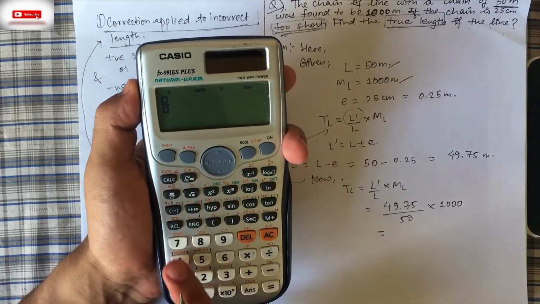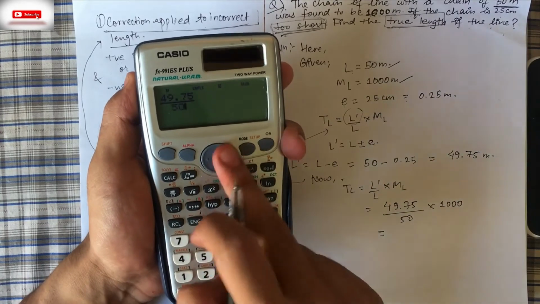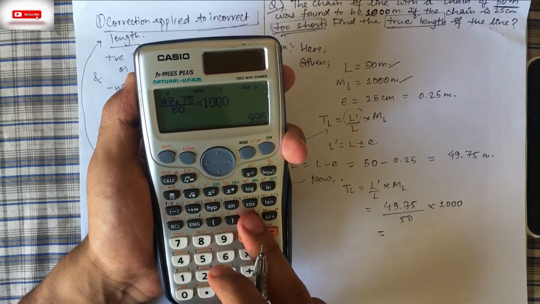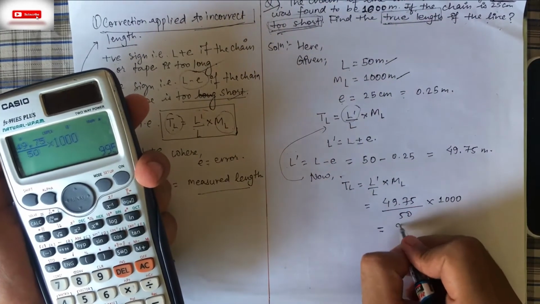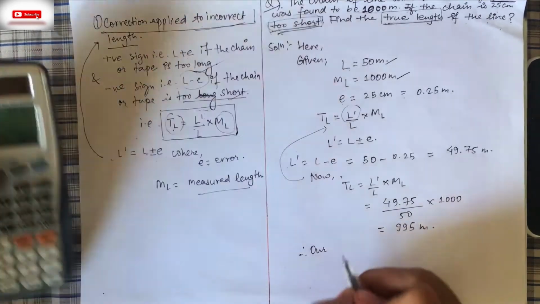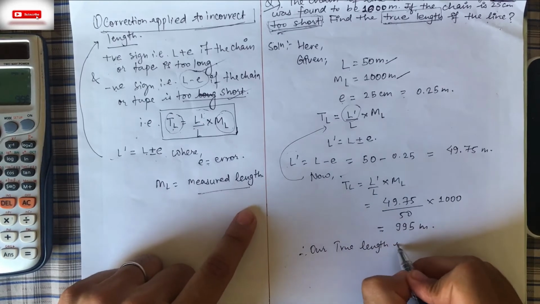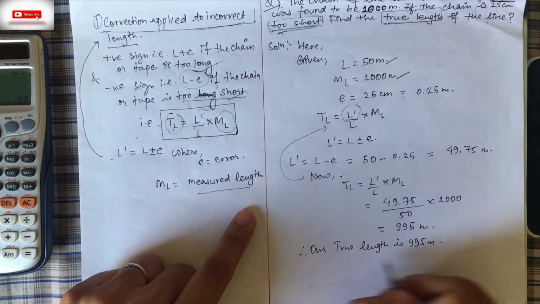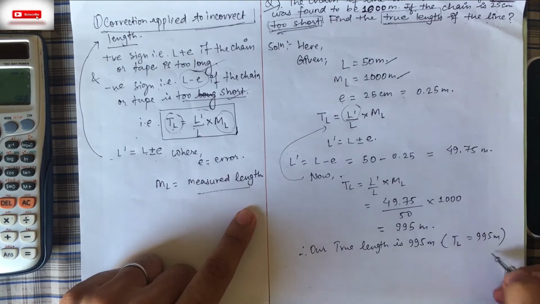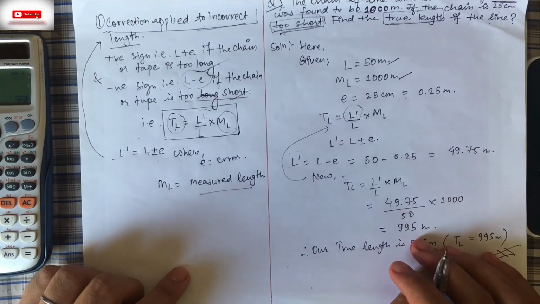By doing simple calculation, we get 995 meter. That means our true length is equals to 995 meter. Friends, with this we finish this simple question. Now let's go to the second question.